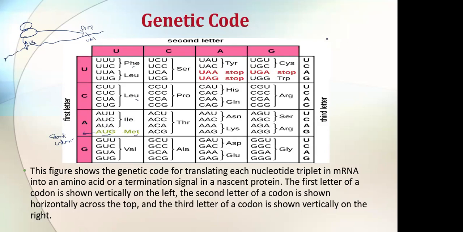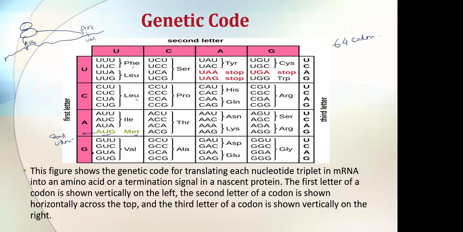So all together we have 64 codons, okay? Because we have 4 nucleotides, right? The adenine, guanine, cytosine, uracil, and the genetic code goes by the messenger RNA, goes by the RNA. So we don't see thymine over here, we see all uracil.